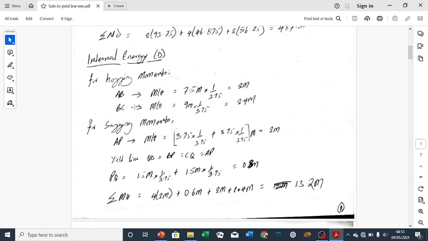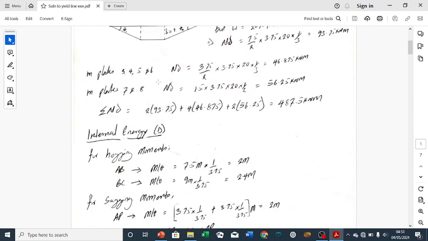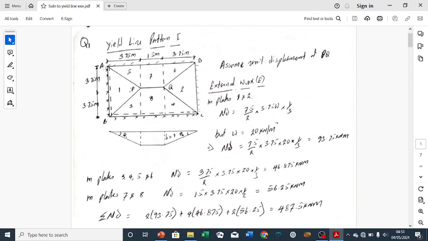So the next thing we go to do now is to calculate the internal energy. Internal energy is actually the energy dissipated by the yield lines, by the hogging and the sagging yield lines. So first we go for the hogging yield lines. There are two hogging yield lines at AB and BC because those are the continuous edges.